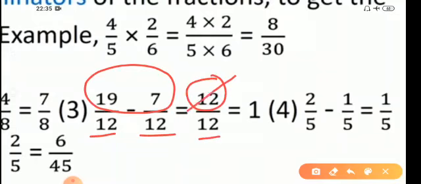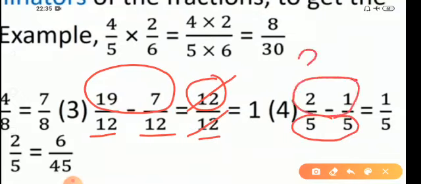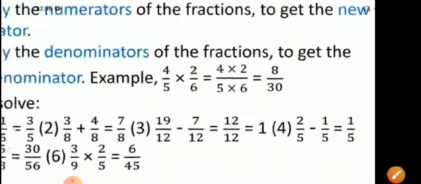Now we can cancel, 12 ones are 12, so we will get the answer 1. In this fourth example, 2 upon 5 minus 1 upon 5. Again the denominators are the same, so we will subtract only the numerators, 2 minus 1. We will get 1, and in the denominator 5. So the answer is 1 upon 5.